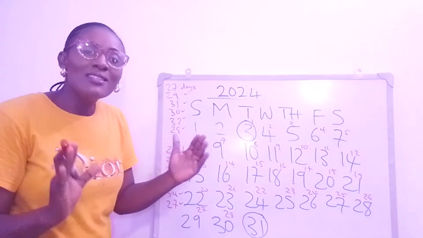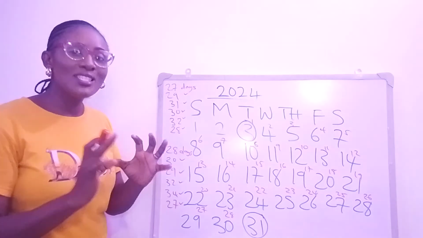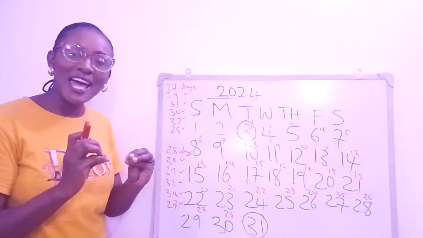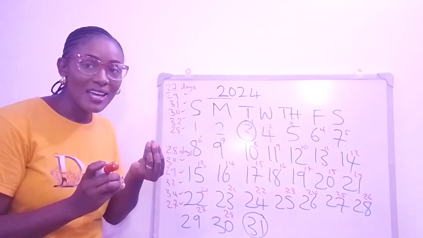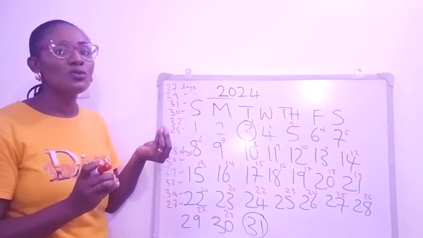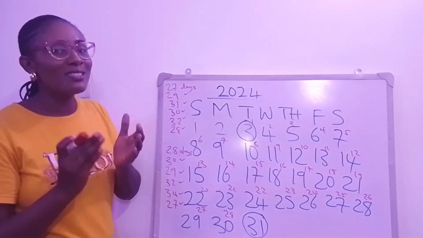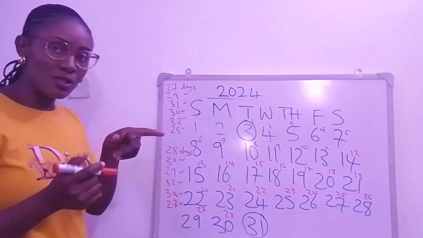So in determining this fertile period, you choose the least menstrual cycle length, the smallest, and you subtract 18 from it, and you also choose the longest menstrual cycle length and you subtract 11 from it.